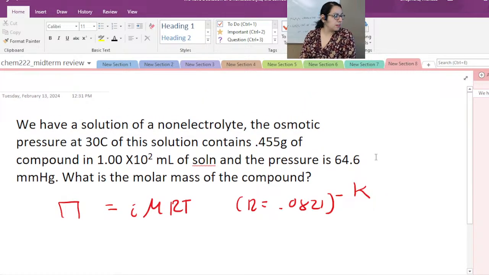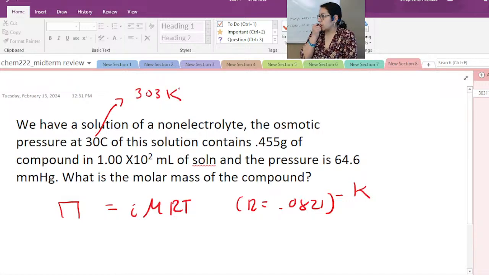All right, so coming together, sounds like. Where do we get the osmotic pressure from?